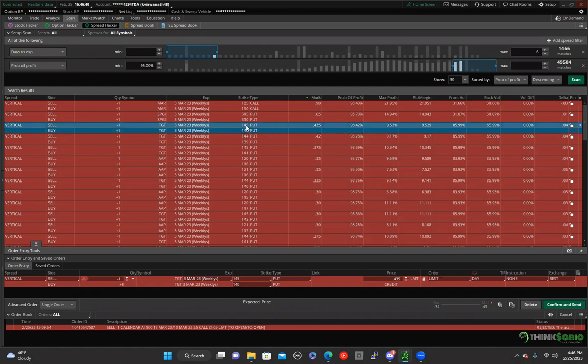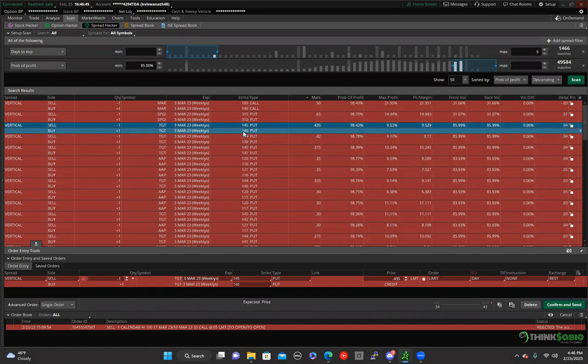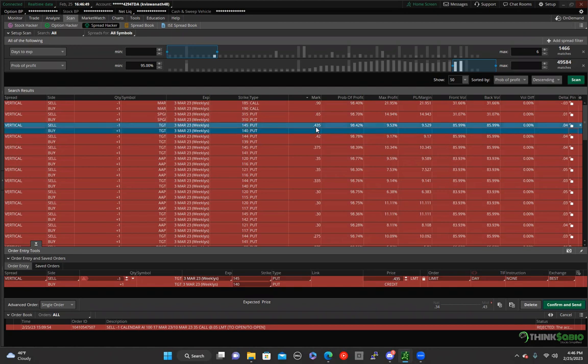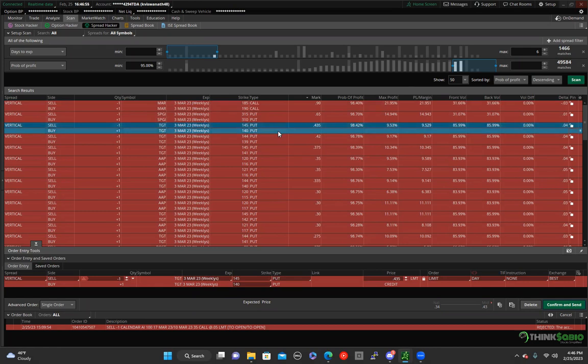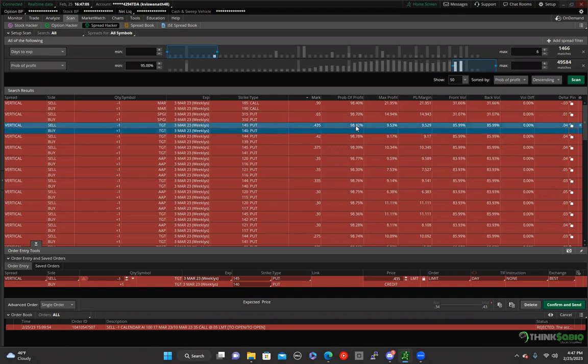For us to be able to be profitable, it should close above 140, and then I think you can collect $43 for this particular trade, and then the max profit is 9% on this trade. 9% every week, 10% every week. That's an insane amount of profits in the long term with a 98% profit probability. 98% profit probability is insane.